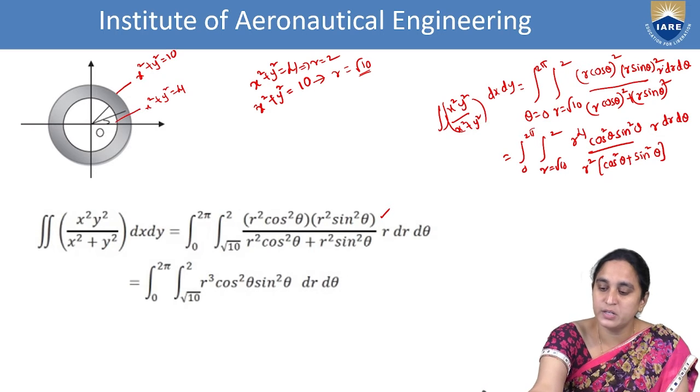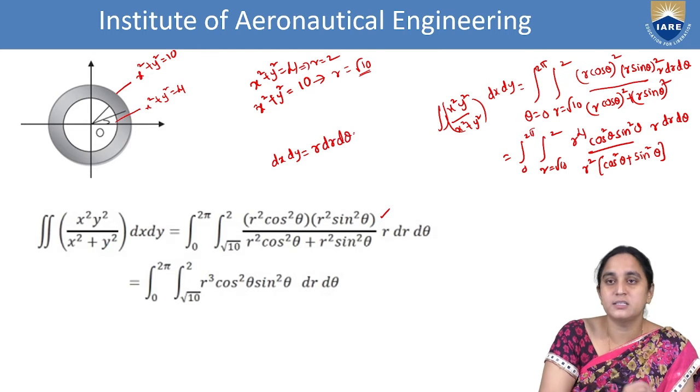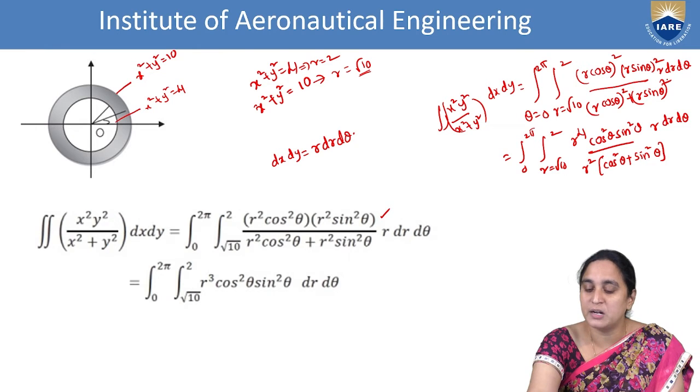Why r into dr d theta? Because we have to convert Cartesian to polar form, dx dy is equal to r dr d theta. This is the formula for converting Cartesian to polar. That's why I multiply with r dr d theta.